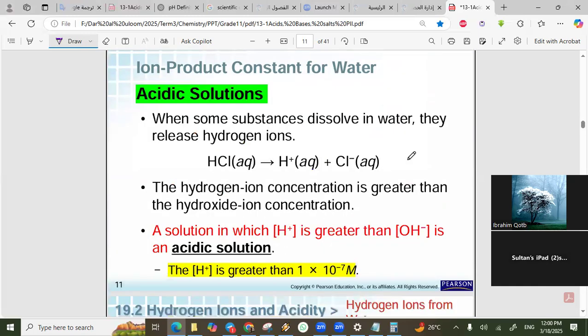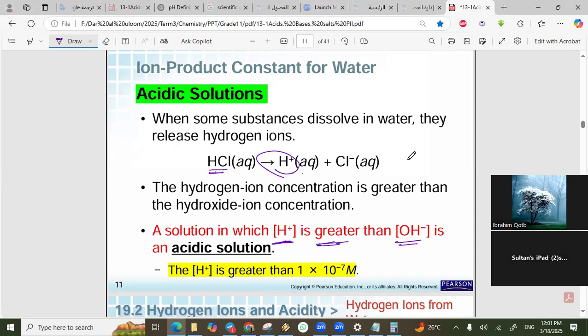Here, if I added acid to water, I told you before, acids dissociate or decompose in water and produce hydrogen ion. This hydrogen ion will increase acidity or make the H plus ion concentration greater than OH.